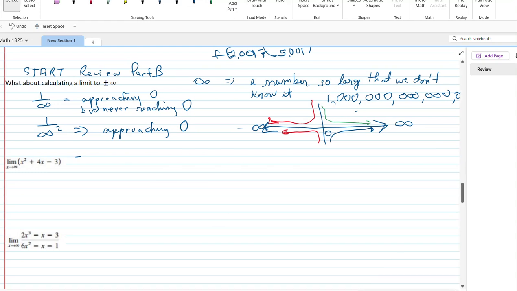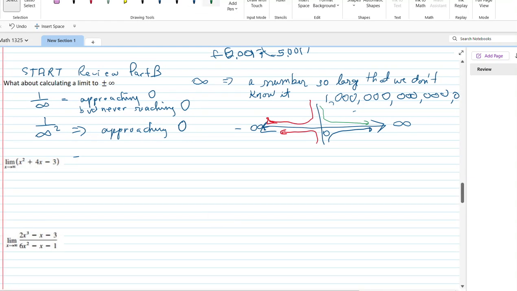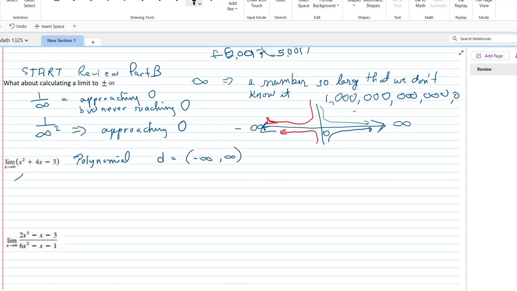So let's talk about the first one. And we notice this is a polynomial. Therefore, its domain is negative infinity to infinity. And we want the limit as x approaches infinity of x squared plus 4x minus 3.